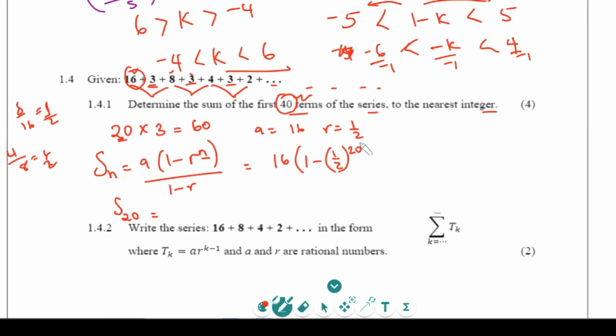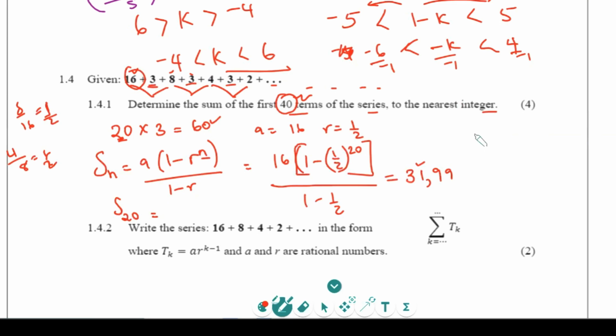So we've used the first 20 with the 3s, and then the remaining 20 will be forming the geometric, over 1 minus a half. I'll just punch this into the calculator, and it's going to give me 31.99. Okay, so this was for the first 20, this is for the second 20.